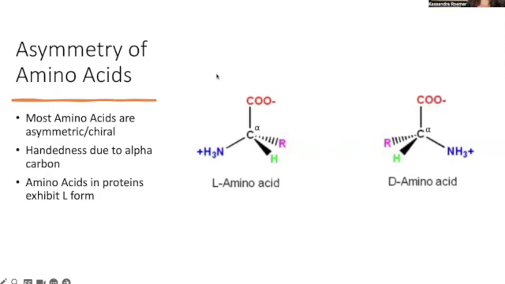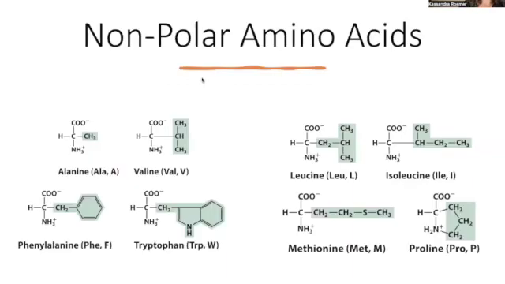Depending on which way those side chains are pointed, they exhibit a different handedness. The only thing you need to know about this is that amino acids in proteins in our bodies usually exhibit the L form.